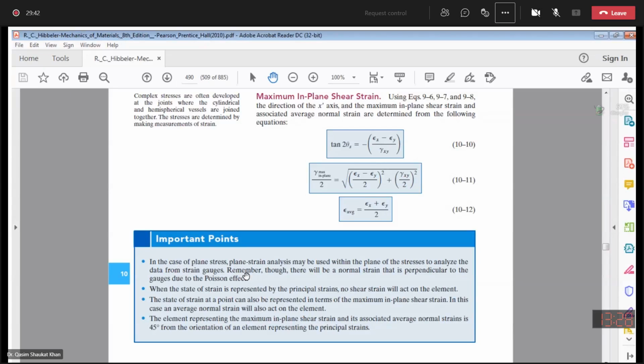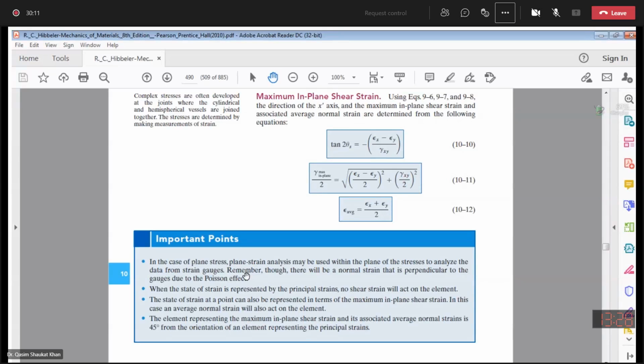If you want to compute lateral strain or shear strain, then you have to use the relationships. Those relationships we will derive later on in this week, where we will develop the relationship between the stress and the strain using material property relationships, using modulus of elasticity and Poisson's ratio.